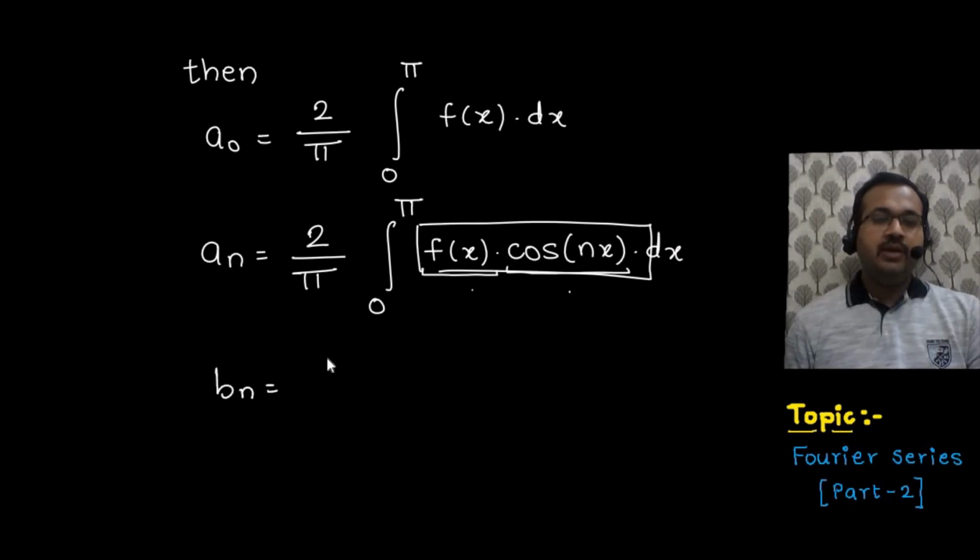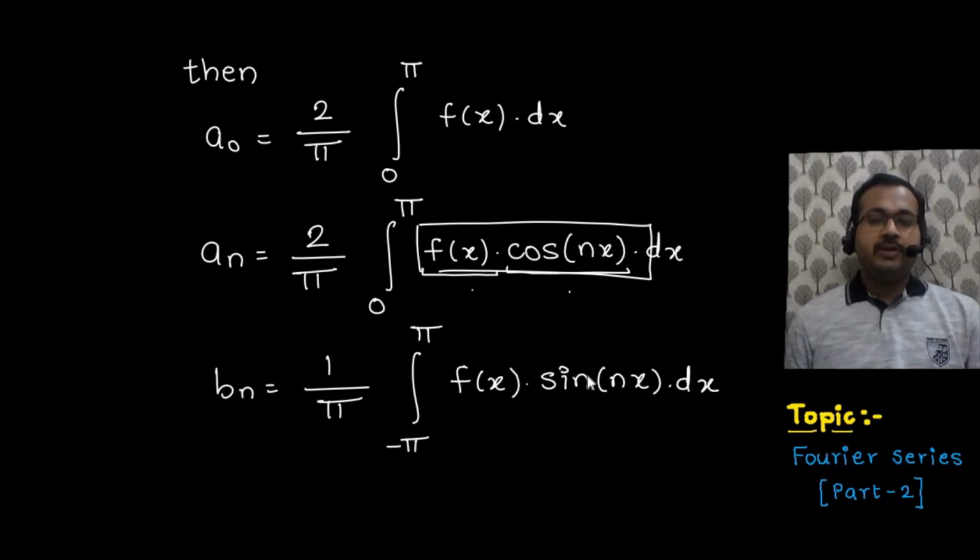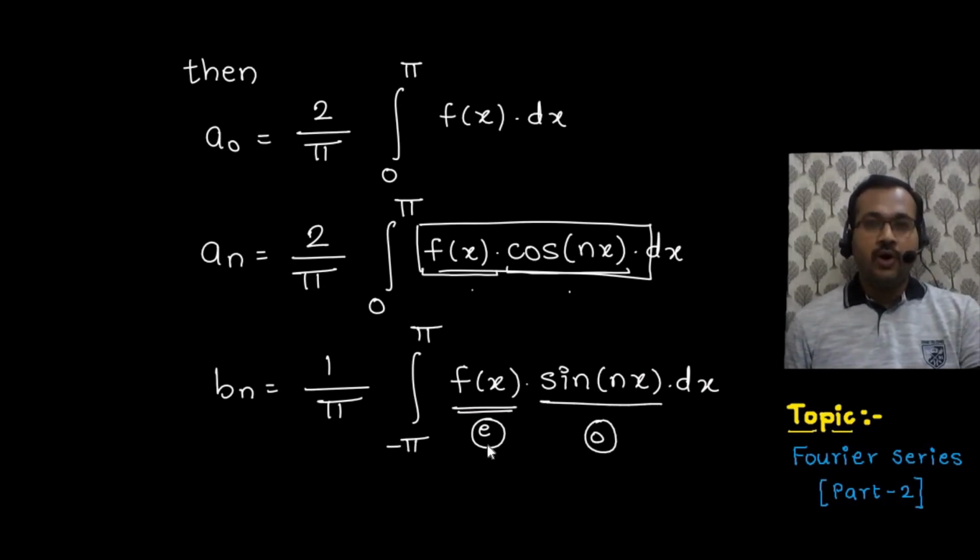While calculating bn, we start with the formula 1 upon pi integration minus pi to pi f of x into sin nx with respect to x. Since f of x is an even function, sin nx is an odd function, and the product of one odd and one even function is always odd.